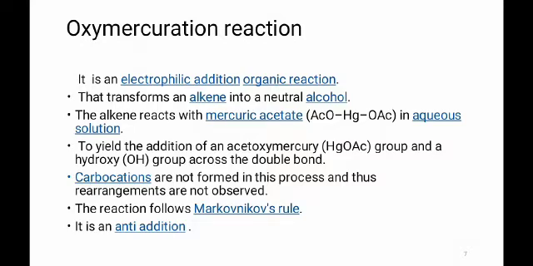Here no carbocation is formed, so no rearrangement is observed, and this reaction obeys Markovnikov's rule, that is, the hydroxyl group will always be added to the more substituted carbon. It is an anti-addition reaction in which the two groups will be trans to each other.